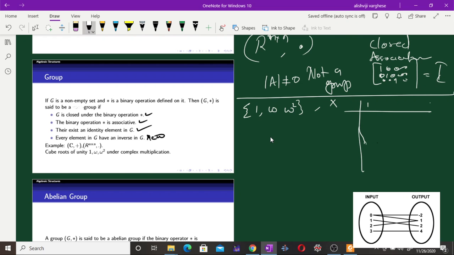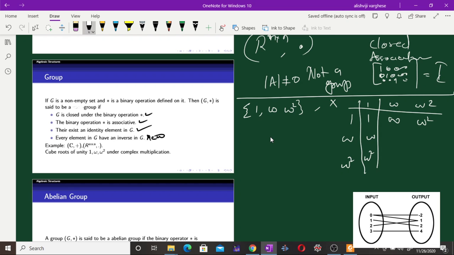If you write like this: 1, omega, omega square across the top and side, then 1 into 1 is 1, 1 into omega is omega, 1 into omega square is omega square.